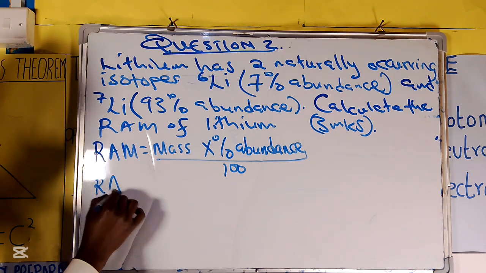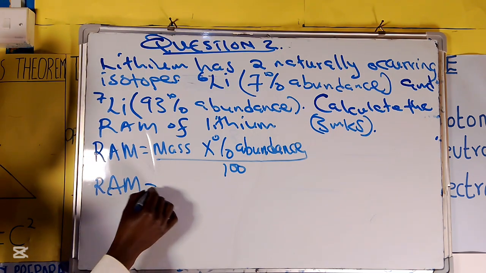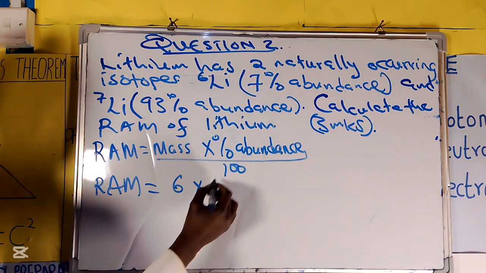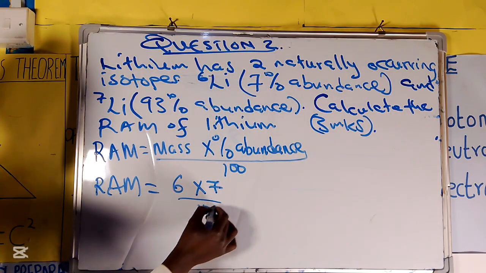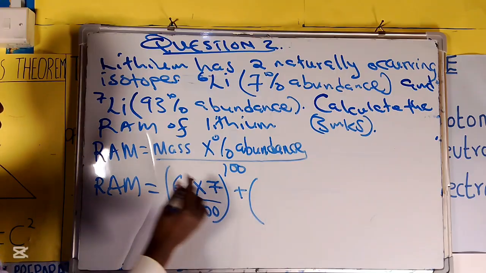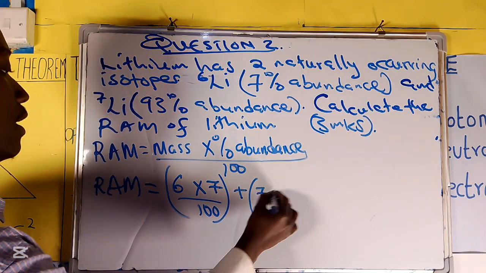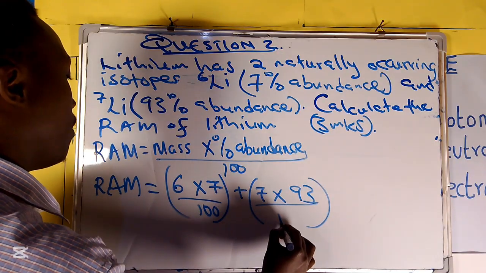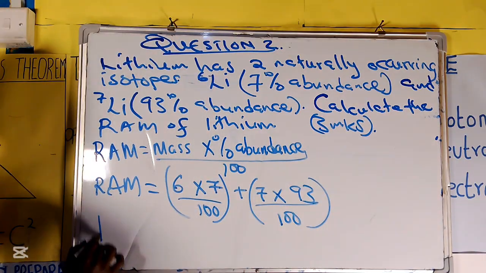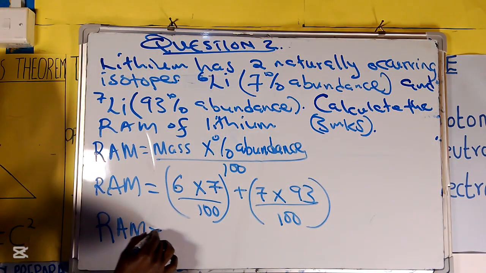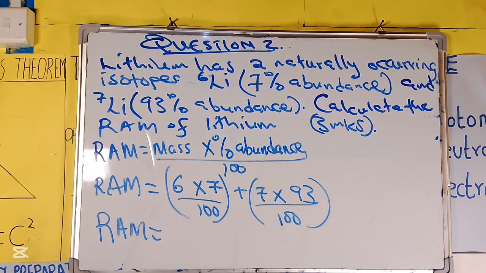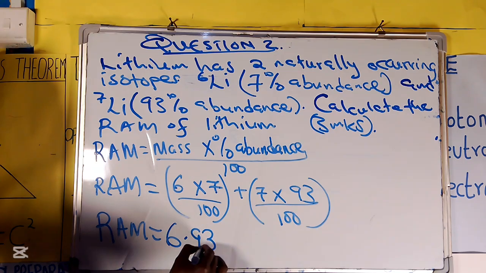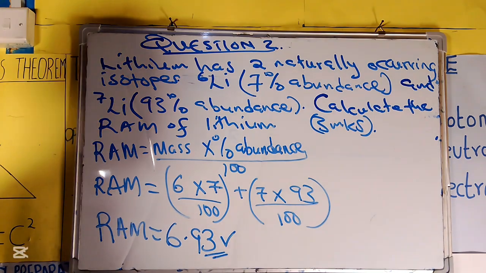So our RAM will be equal to the mass of the first isotope, 6, times percentage abundance, 7 over 100, plus the mass of the second isotope, 7, times percentage abundance, which is 93 over 100. And if you do that, at the end of it all, you are going to get 6.93. The RAM will be equal to 6.93.